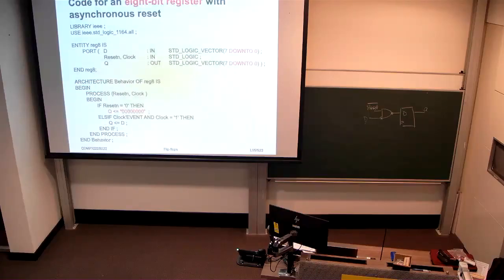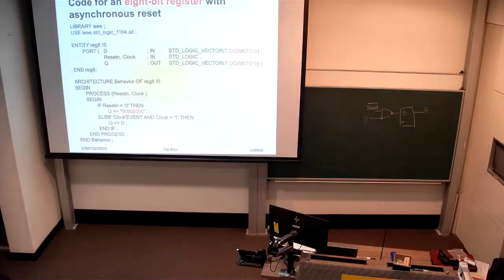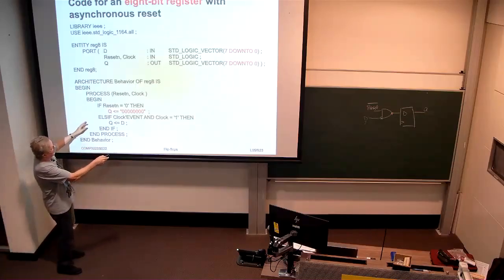All right, so we've talked about single bit structures called flip-flops. Registers are just vectors of flip-flops, or collections of flip-flops. So this describes the code for an 8-bit register with an asynchronous reset. In this case, the D input is 8-bit and the Q output is 8-bit.